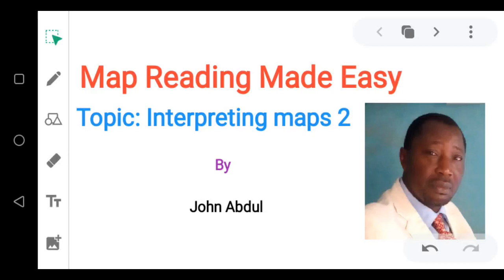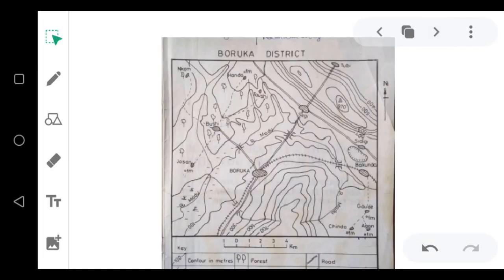But today, we are going to take a sample of a WAEC question and attempt to answer it based on the marking scheme. So we are going to use this map you are seeing, titled Boruka District, as our case study.